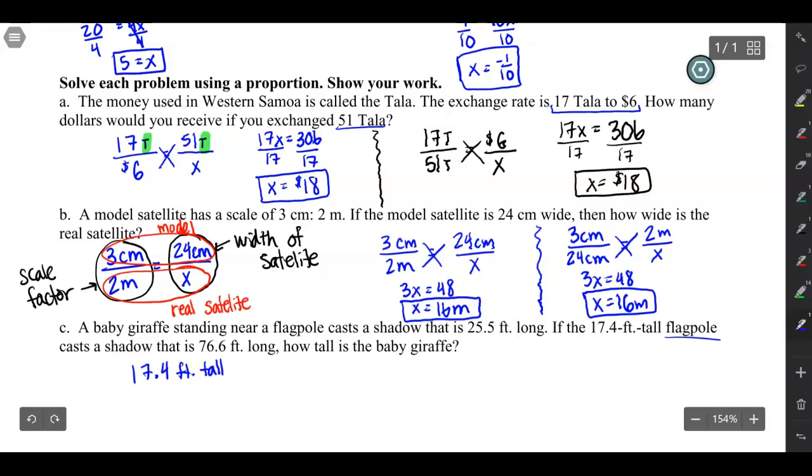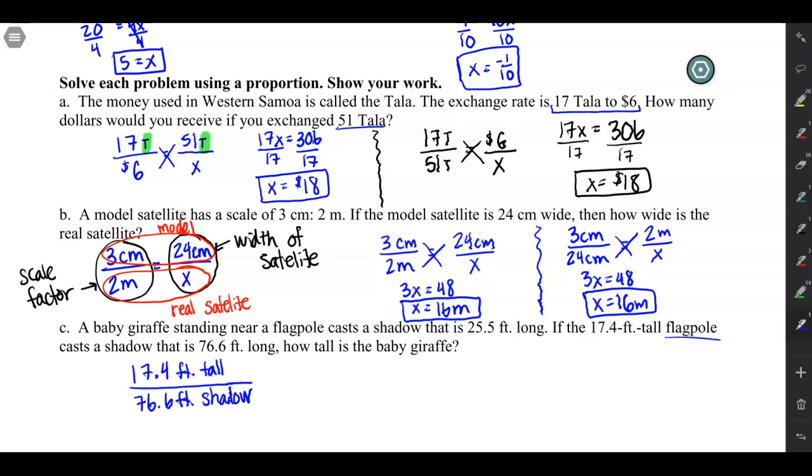So that's its vertical height. And that is related to the 76.6 foot shadow. So that fraction is the dimensions of the flagpole. Now I need to create the same fraction with the dimensions of the giraffe.